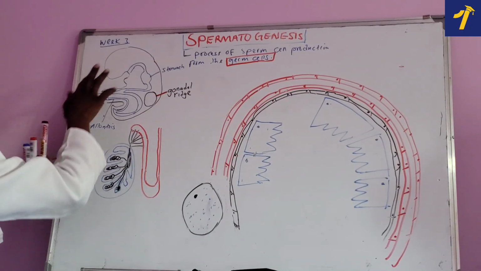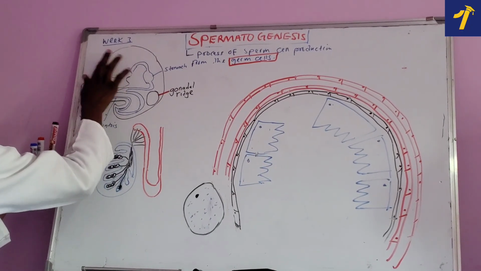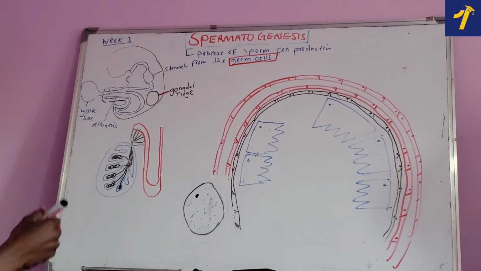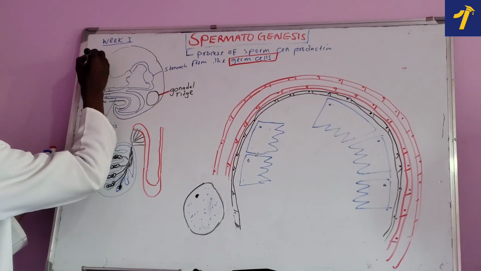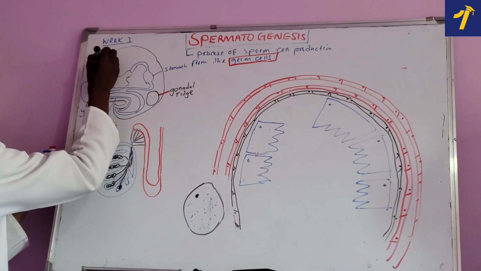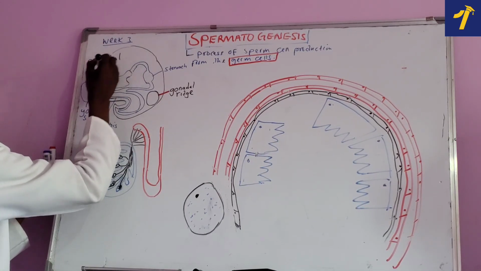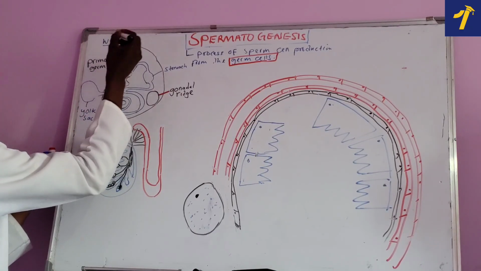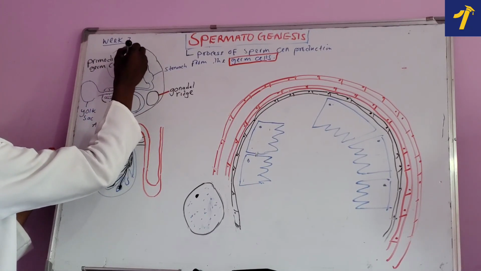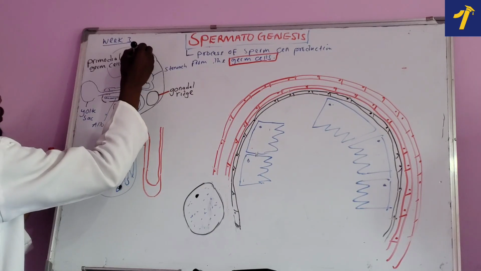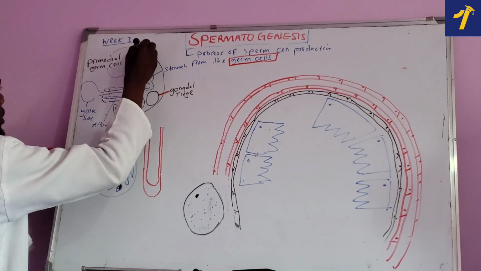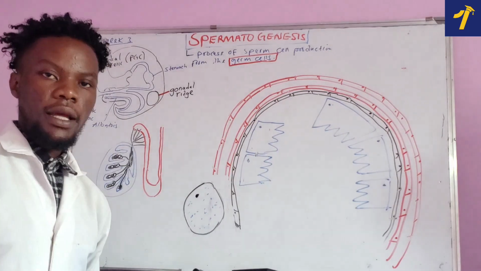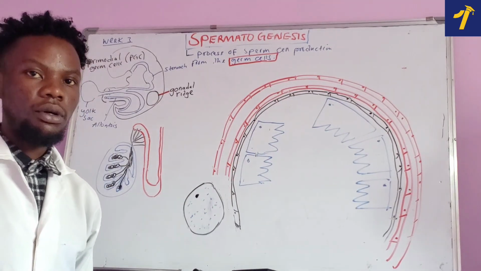The type of germ cells that can be found inside the fetus, or fetal life, we call them primordial germ cells. Sometimes they are abbreviated as PGC, primordial germ cells. That is the germ cells that can be found in the fetal life.